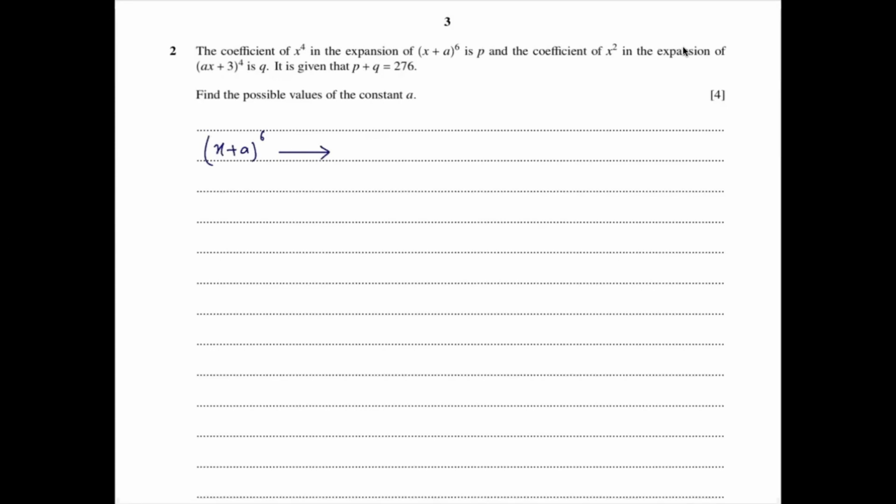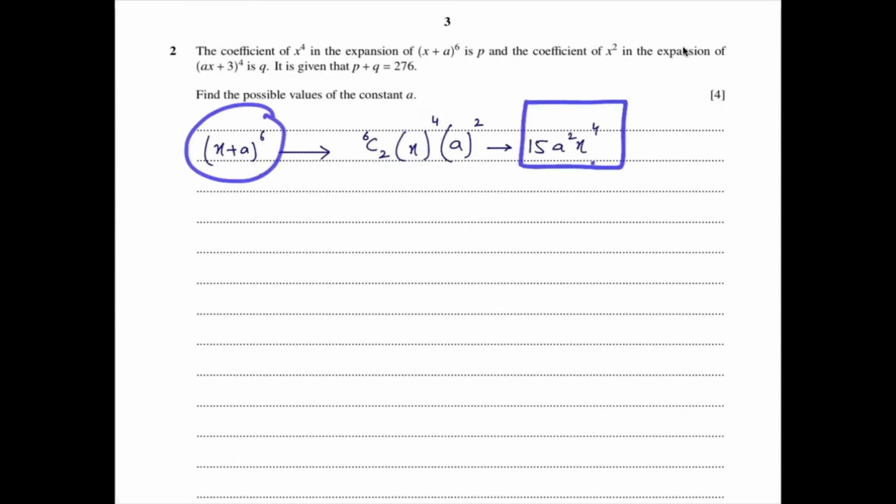That term is basically going to be 6C2 x to the power of 6 minus 2, second term to the power of 2, because then only you are going to get x to the power 4 if you take the third term, which is in the form of 6C2. So 6C2 comes out to be 15. So the coefficient is 15a square, x to the power of 4. So in this expansion, 15a square x to the power 4 is a term in x to the power 4, and 15a square is the coefficient of x to the power 4.